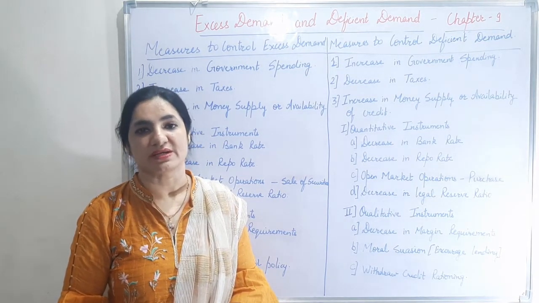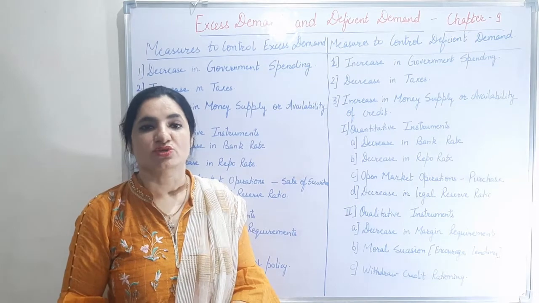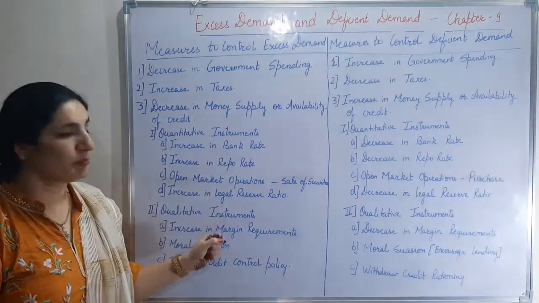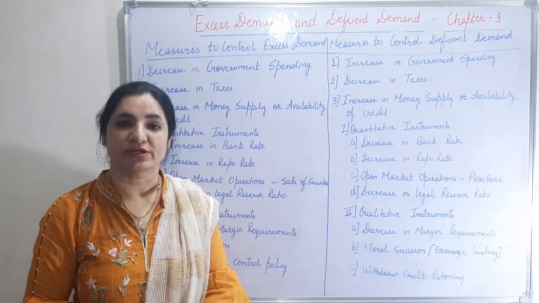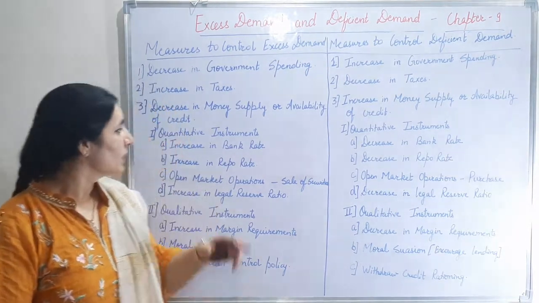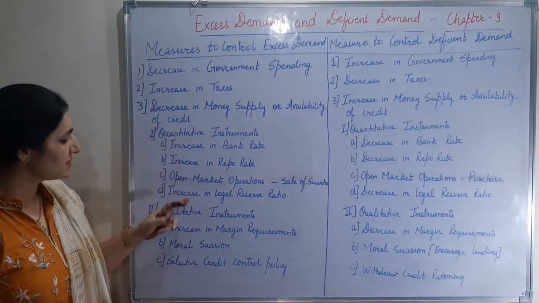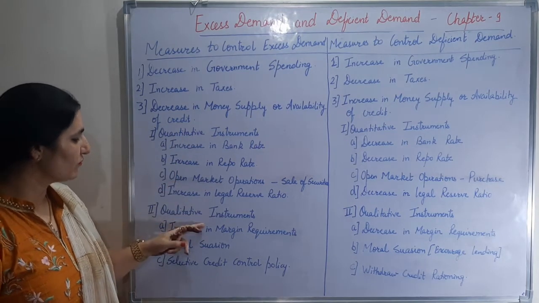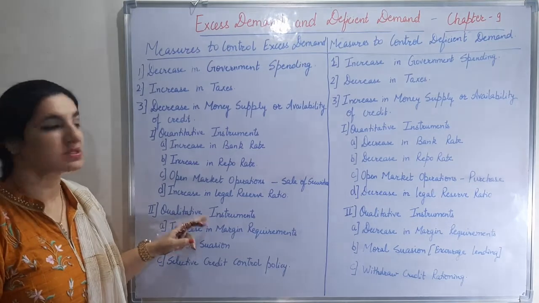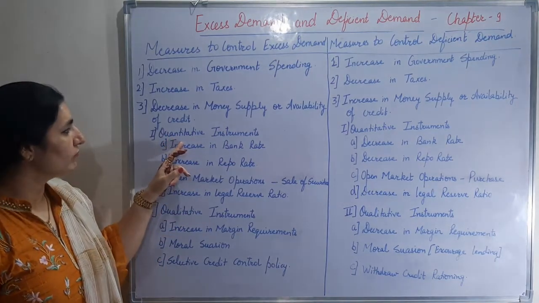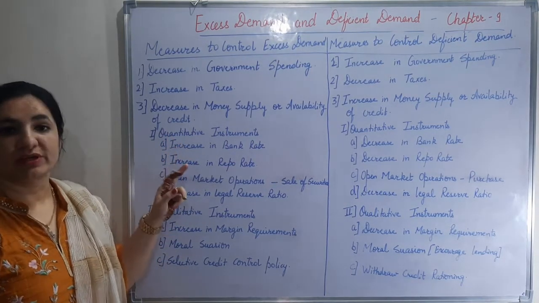Through this, the money supply can be controlled. So to understand each and every point very clearly, you should refer to the video related to banking chapter. So let us discuss the instruments. There are two kinds of instruments, quantitative instruments and qualitative instruments for controlling of money supply and availability of credit in the economy.